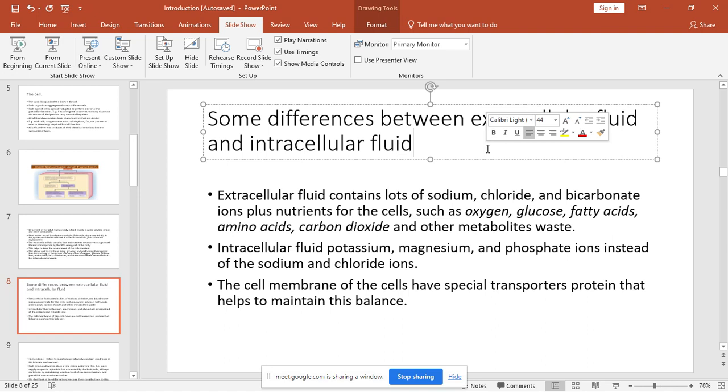One question asked us to describe fluid compartments. In describing fluid compartments, you must talk about these three categories that I spoke about. Some people say it's two, but some people say three. For our sake, we're going to say three.